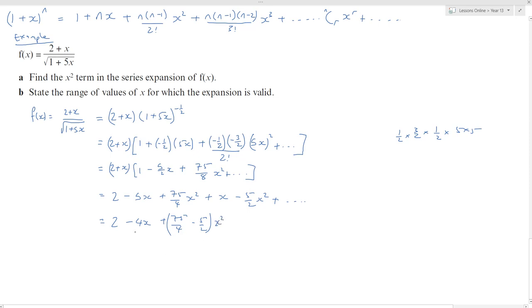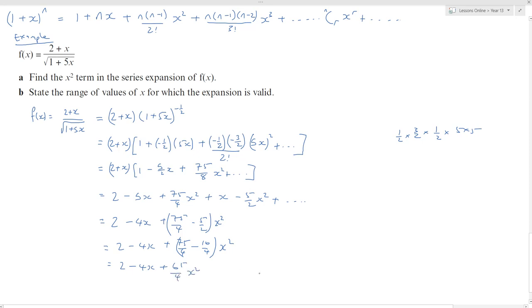And I need to simplify that to give me my x squared term, which is what the question wants. 2 minus 4x plus 75 over 4 minus, I've got to double that to get it over 4, 10 over 4 x squared. So that means I've got 2 minus 4x plus 65 over 4 x squared.